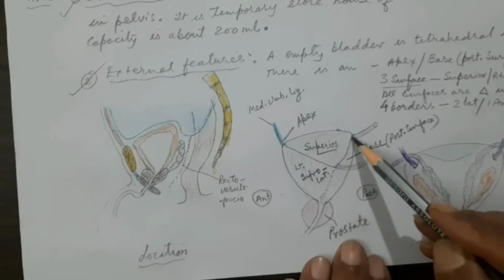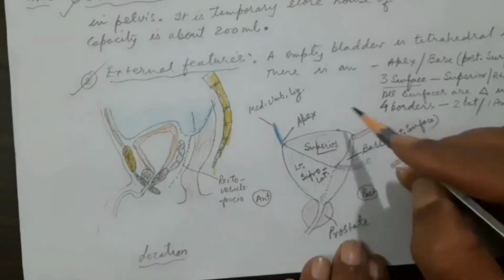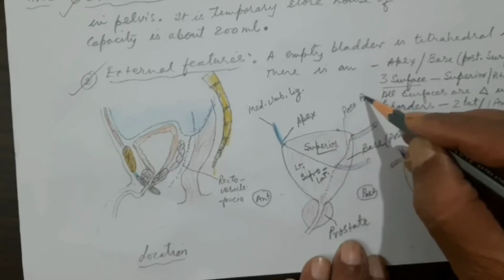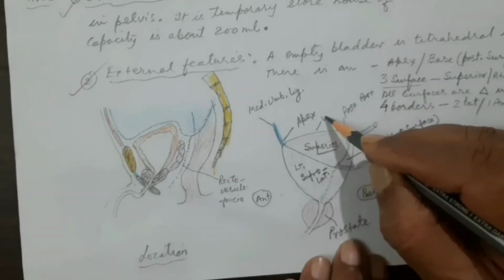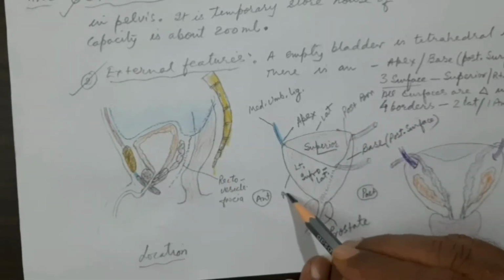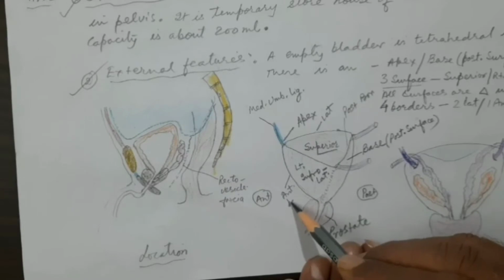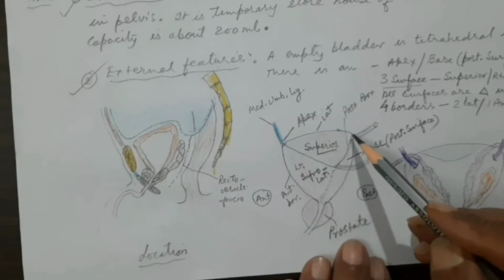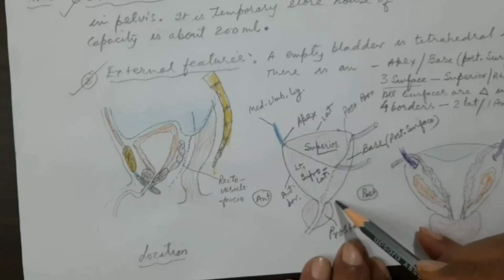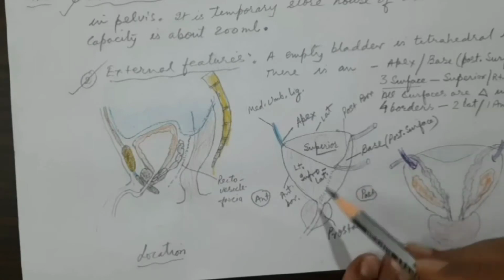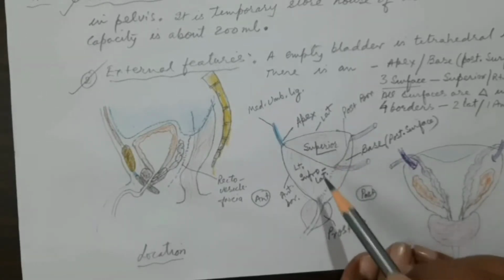Let me write it here: posterior border. This is the lateral border and this is the anterior border. So there is one anterior border, two lateral borders and one posterior border. These are the various borders here.